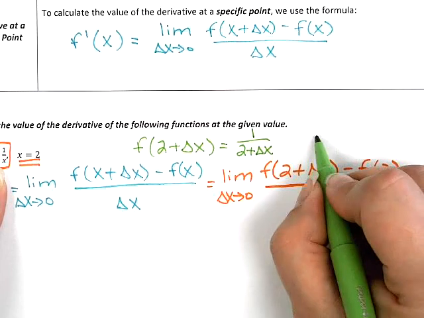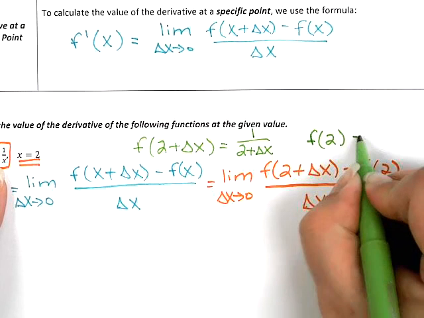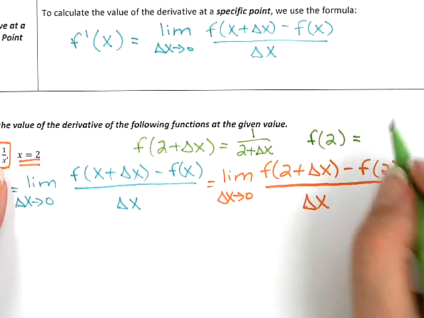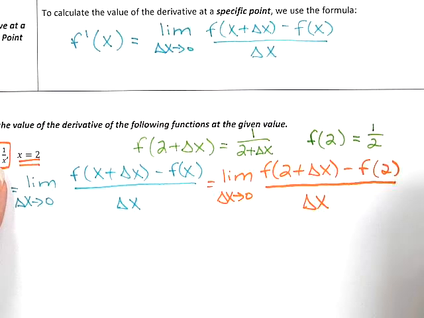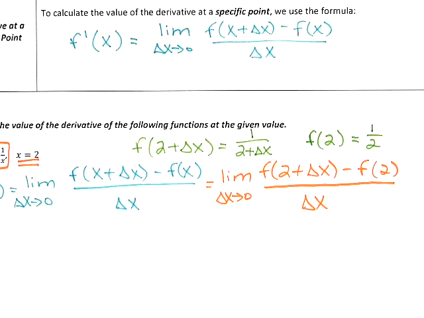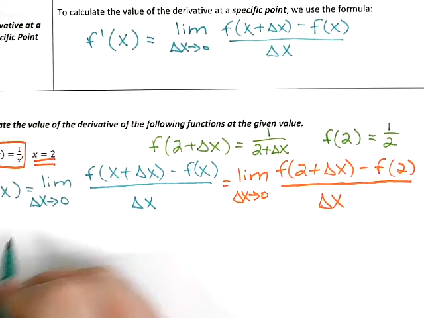And what about if I asked for f of 2? That one I know you guys are comfortable with. f of 2 means plug in 2. Cool. That means 1 over 2. All right, so now we are going to get to plug that stuff in.